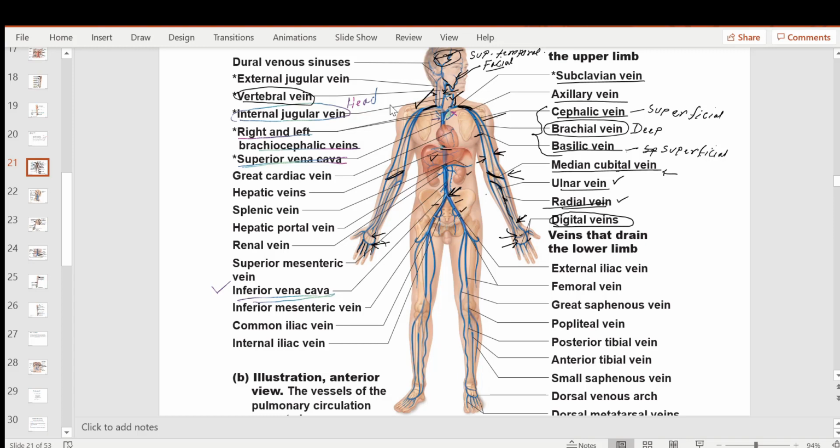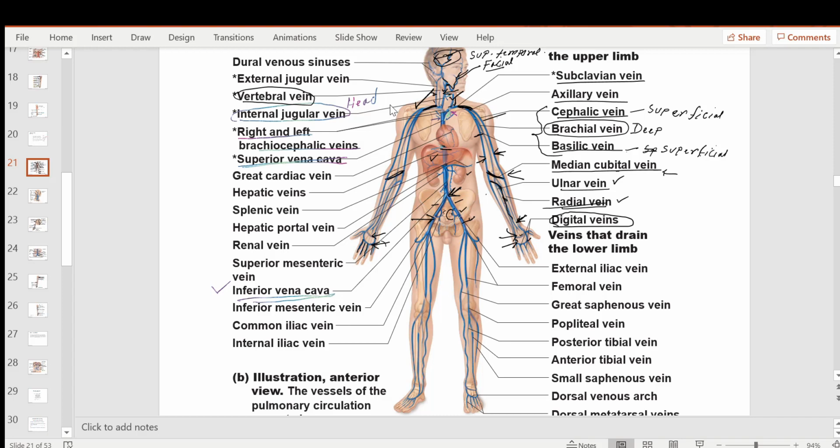The bigger one brings blood from the lower extremity or lower limb, that is the external iliac here, and the smaller one brings deoxygenated blood from the pelvic organs into the common iliac, and that is the internal iliac.